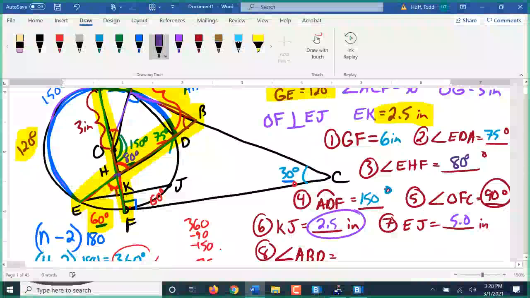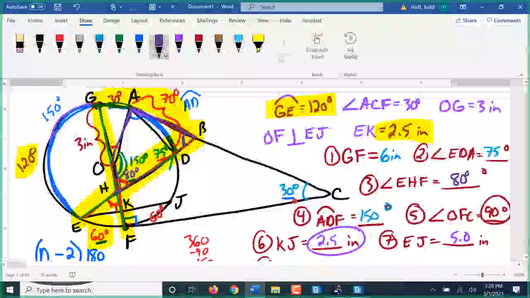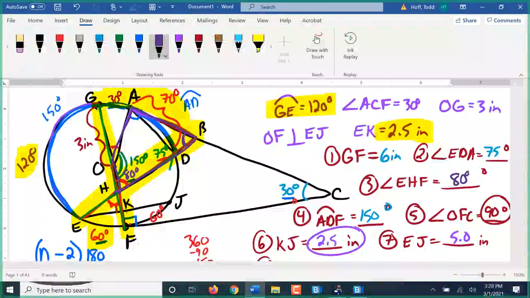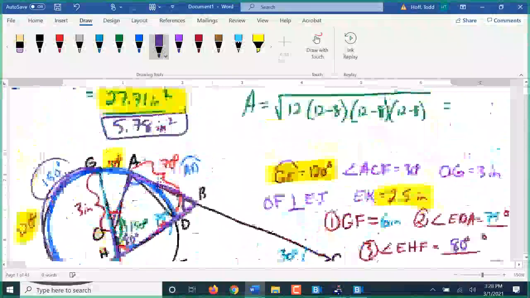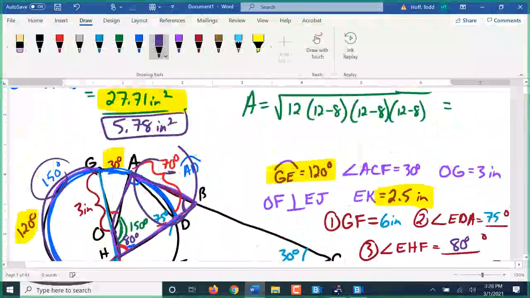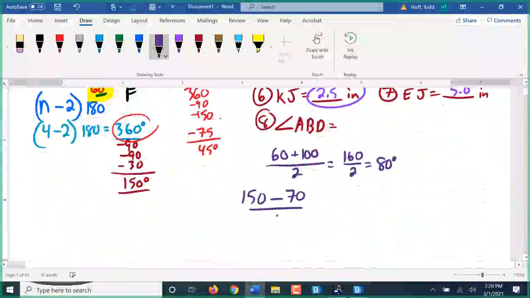Now that that's 80 degrees, I can go out here and find B now. I could look in that bigger figure there, 360 degrees for a four-sided figure. But let's look at the arcs. Look at this arc, which is 150, minus this small arc here, which was given to be 70, divided by 2.